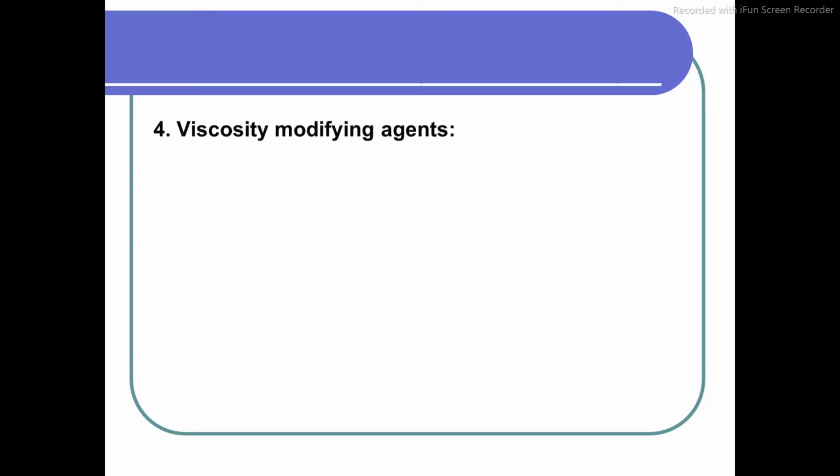Next one is the viscosity modifying agent. What is the role of a viscosity modifying agent? You might have seen the various conventional eye drops. Once you instill the eye drop, nearly 95 to 98% of the eye drop is wasted by drainage.